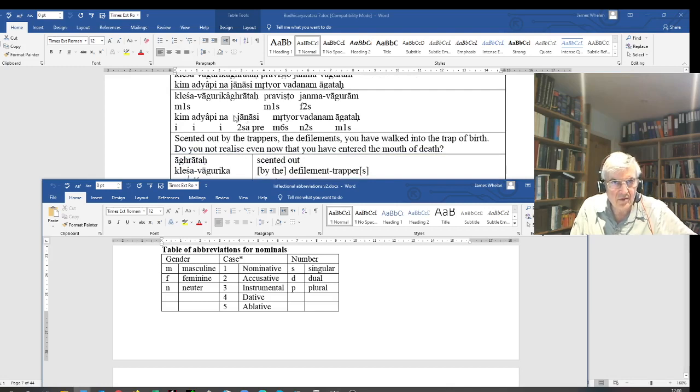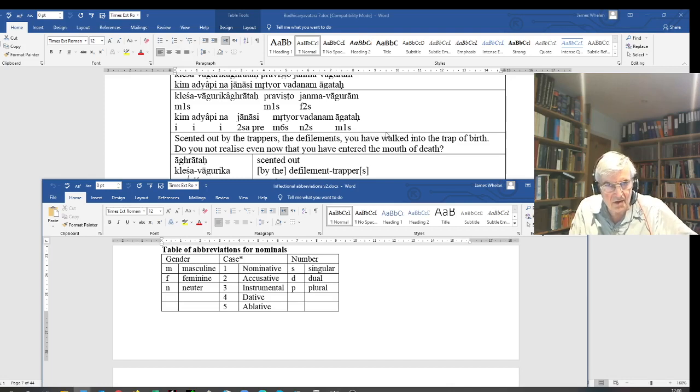Now look at this. In the second line, you have Janasi, you know. You have 2SA space PRE. So what does that mean? It's a second singular active. It's a verb. Second singular active in the present tense.